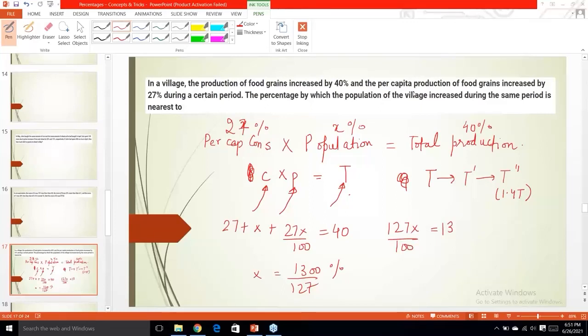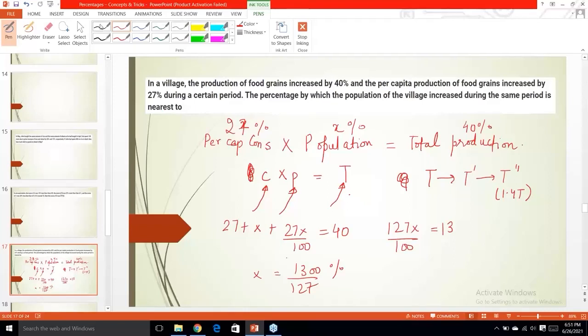Now, this is the final number, right? So you have to subtract 100 from it. No, no, this is the actual number.